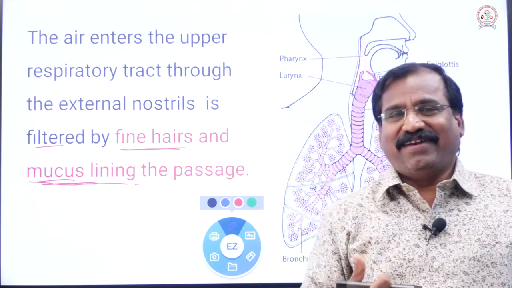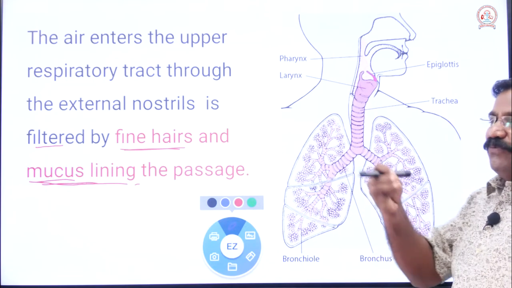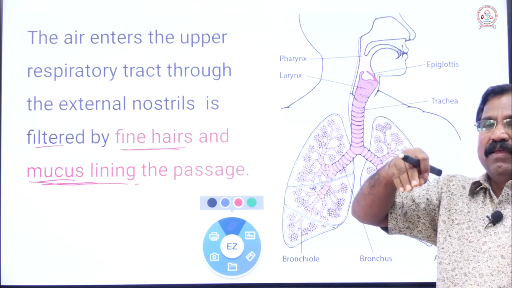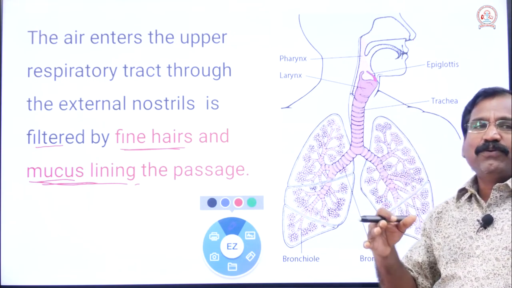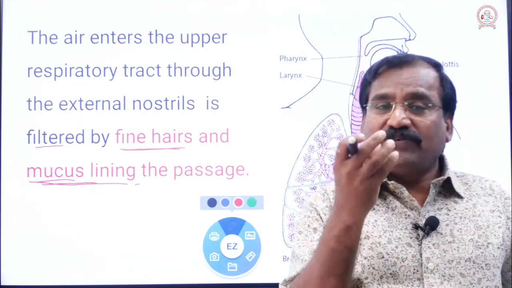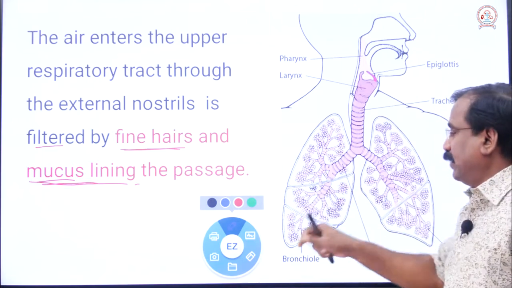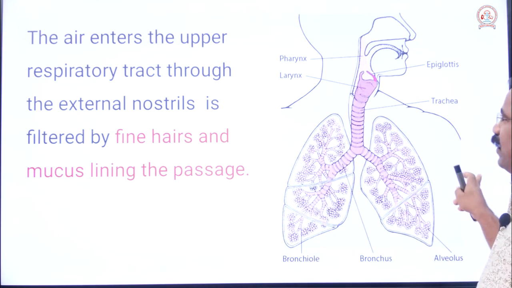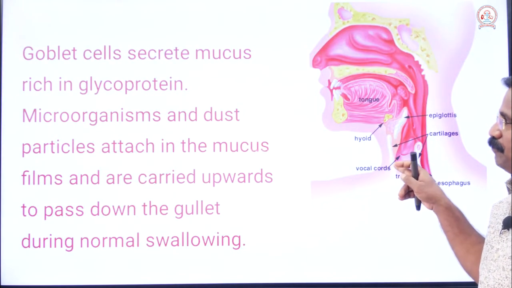See what a wonder, okay, that is filtration. So when the air goes through the conducting zone and reaches the respiratory zone, it is conditioned and filtered. You know how it is conditioned and how it is filtered.